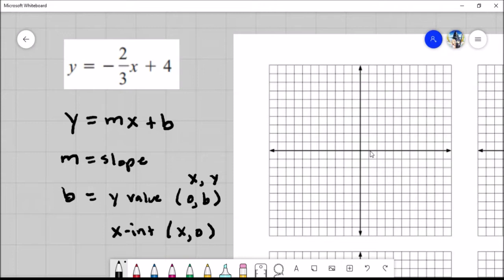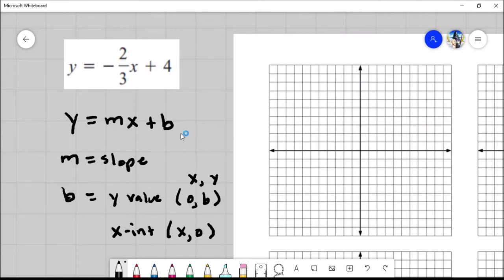To find it, we use what the y-intercept looks like in ordered pair form, which is 0, b. So we know what the x value should be for the y-intercept: 0.